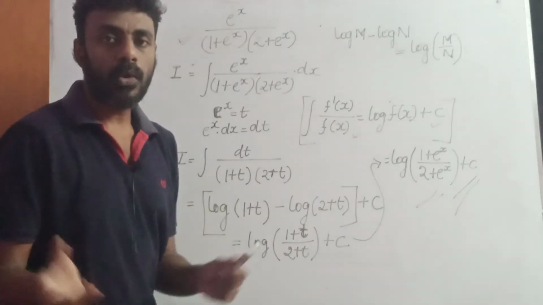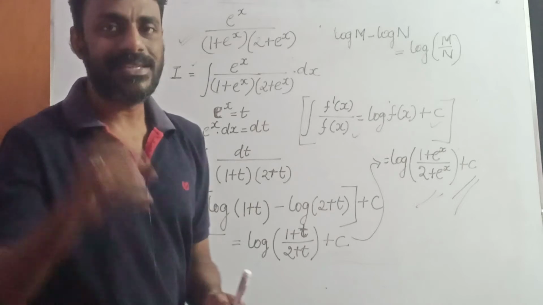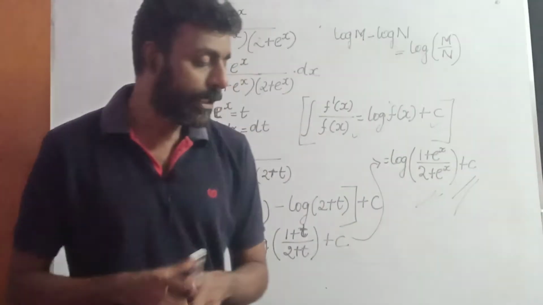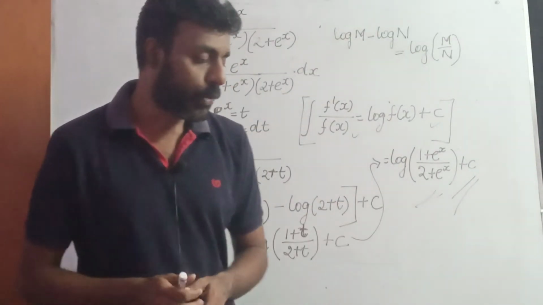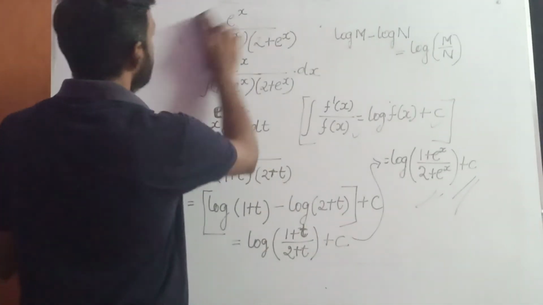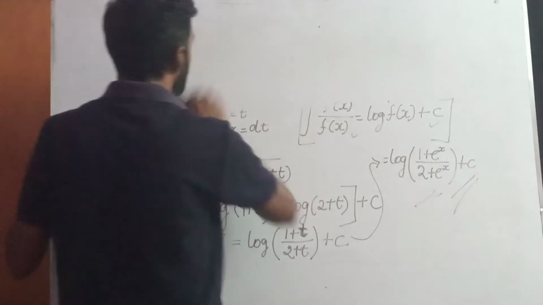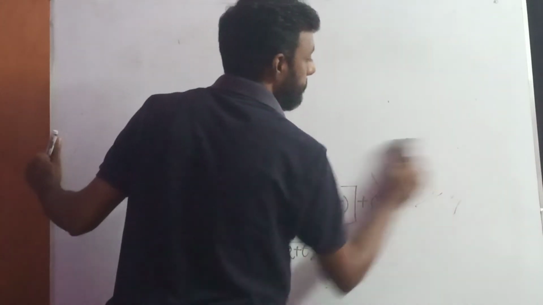Next we'll get into another important part called the antiderivative, how we need to find the antiderivative. So let's get started with the basic problems. Let's start with a simple problem.